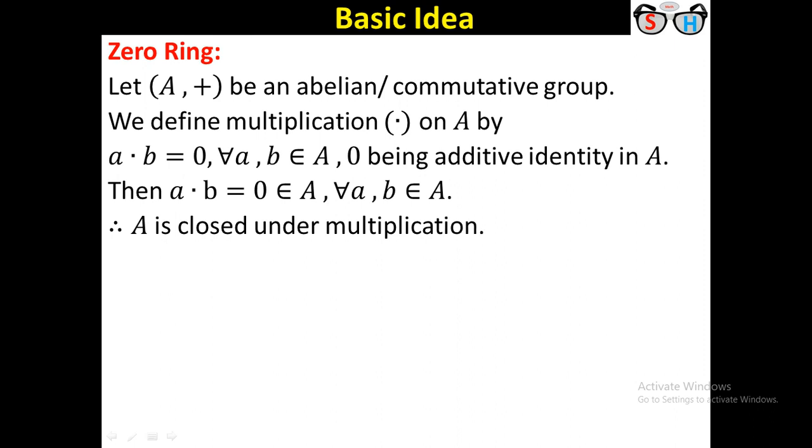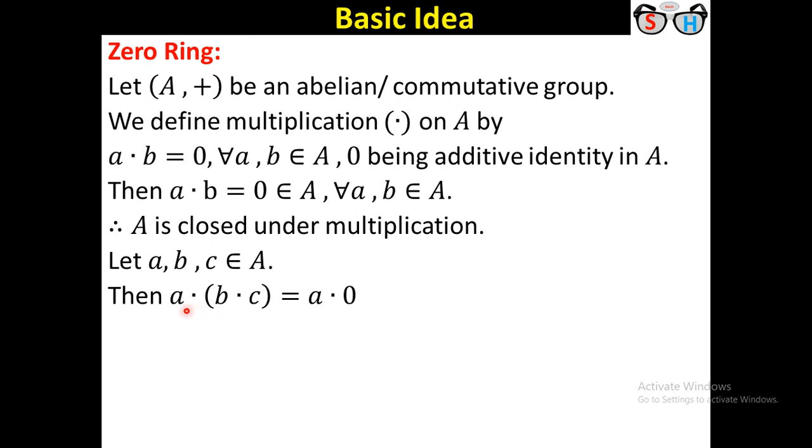Now we have to check the associative property of multiplication. For that purpose we consider three elements. Let a, b, c be three elements in A. Now we calculate a·(b·c), where b·c is in the first bracket; this must be equal to (a·b)·c.